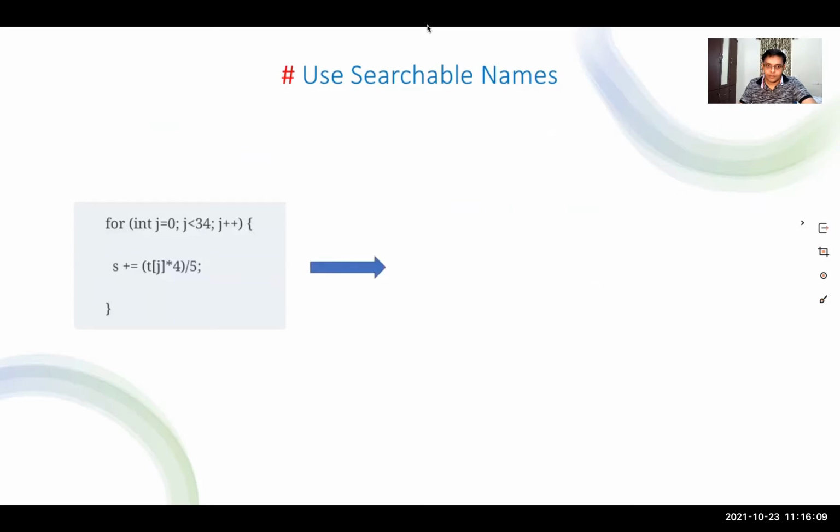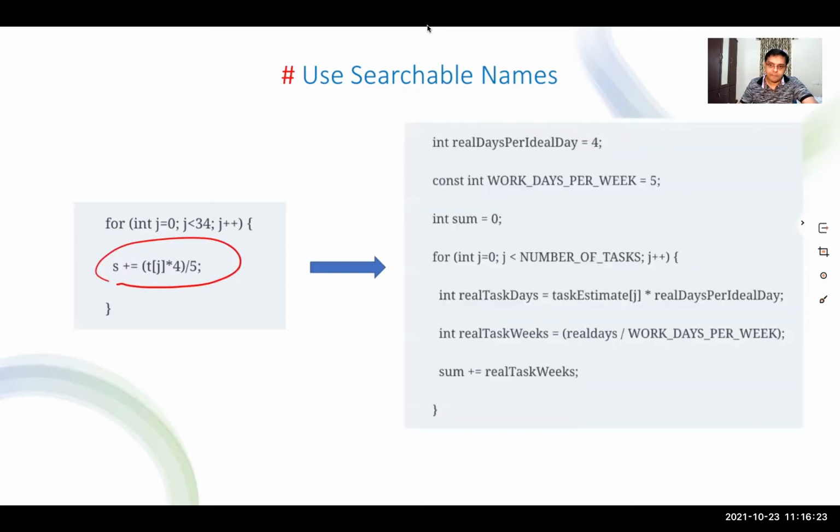Okay, so see, if you look into this code, does anybody have any idea what it does? It loops, then does some calculations, right? It's hard to see what it actually does. But in that place, if I have done it like this, even though the code has become a little bit big, right? So instead of this 34, I can use the number of tasks.